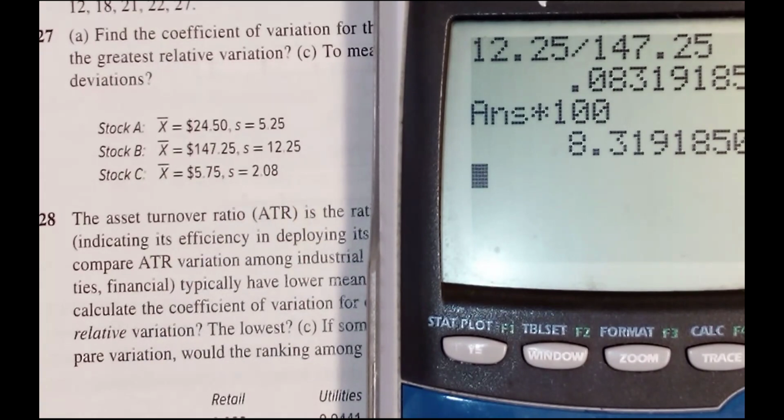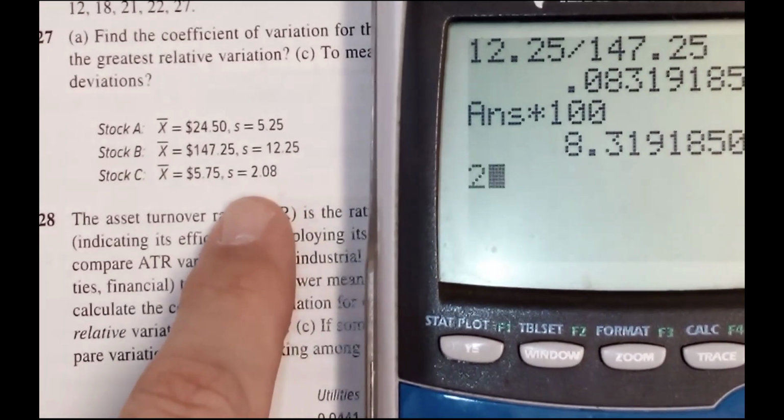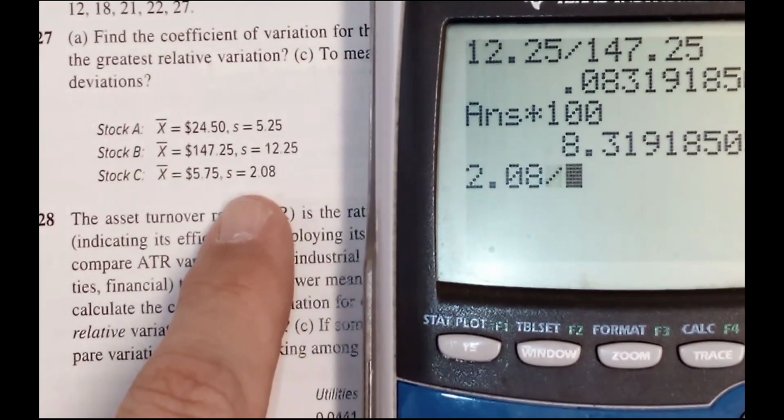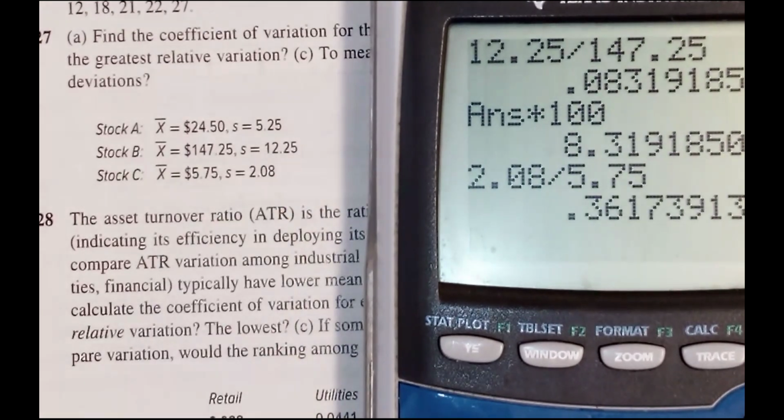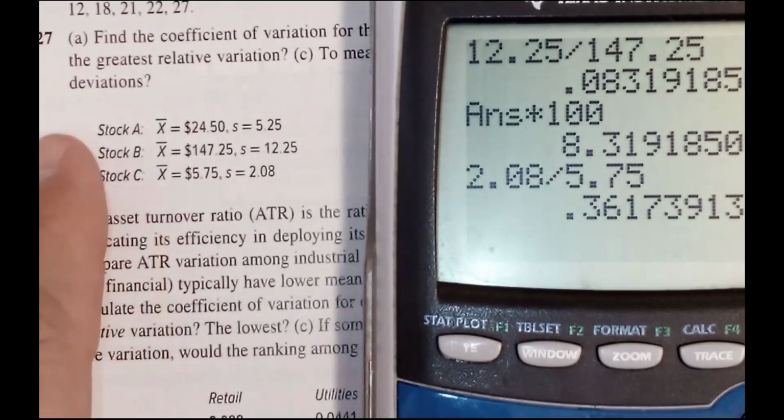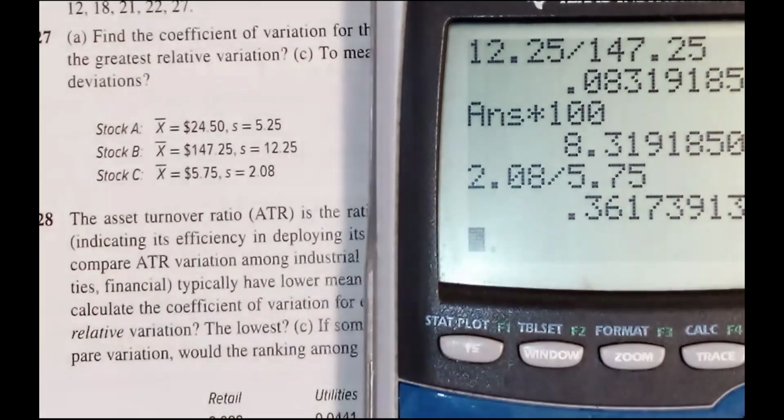Then 2.08 divided by 5.75, it's got a 36.17 when I move the decimal place. So the one that we thought was the smallest in absolute terms has the largest coefficient of variation. The middle one, stock A, is 20 something.